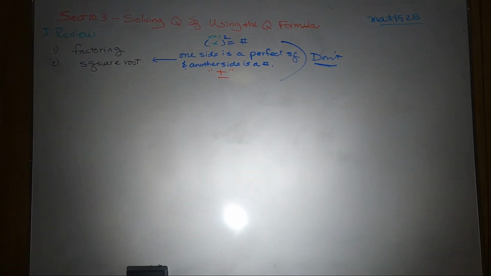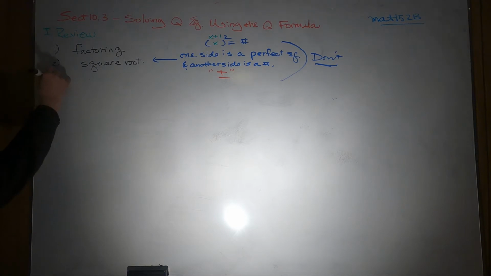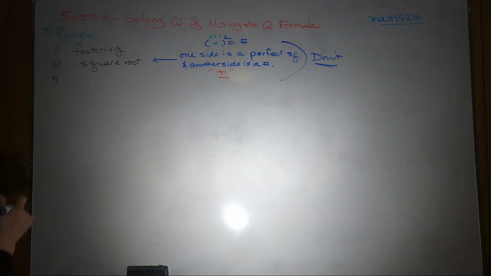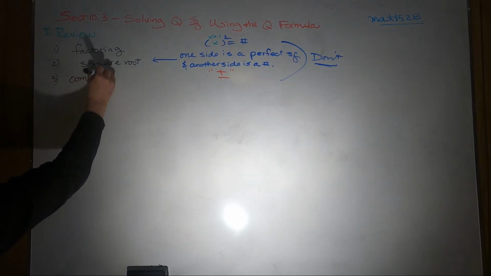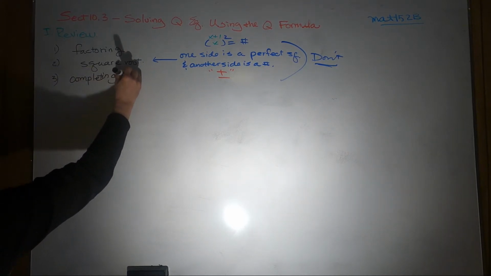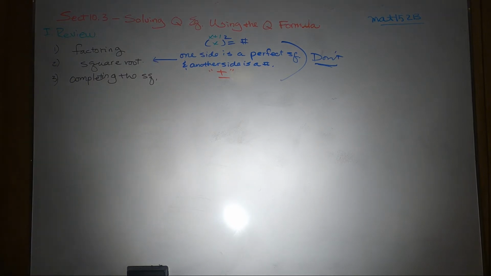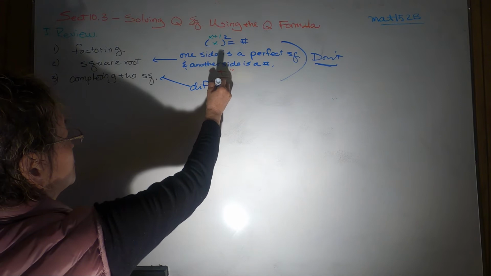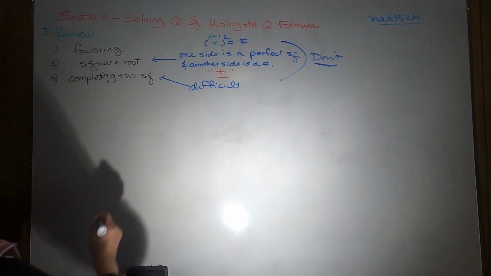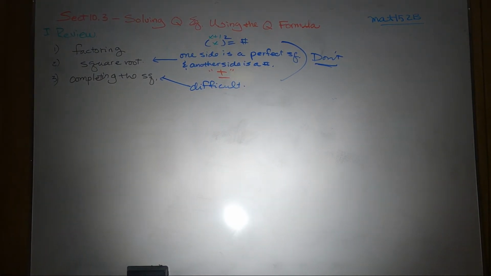For the more complicated situation we learned last time, we use the completing the square method. You see how complicated it is, but it will always work. It's difficult to use, but it will always work.